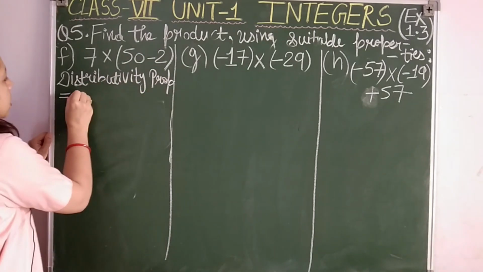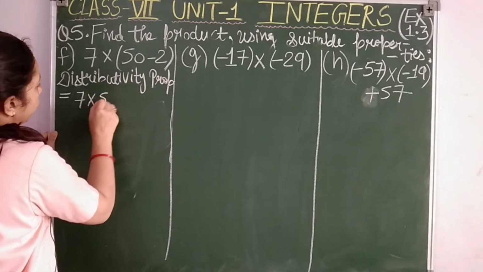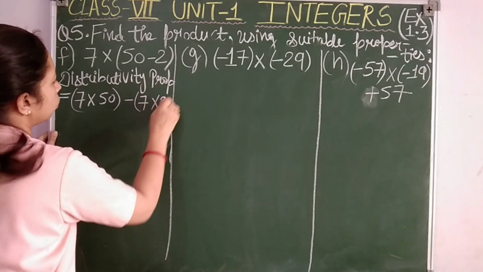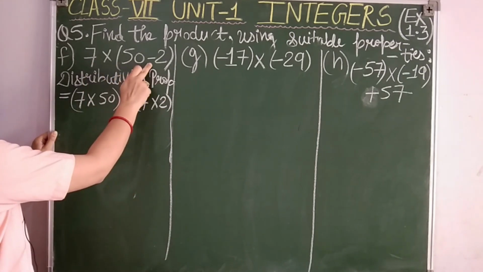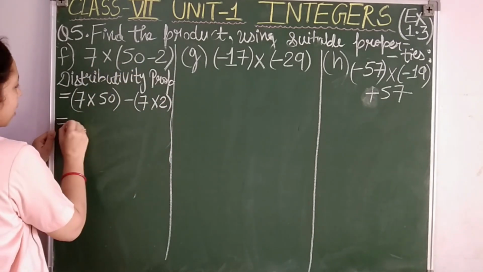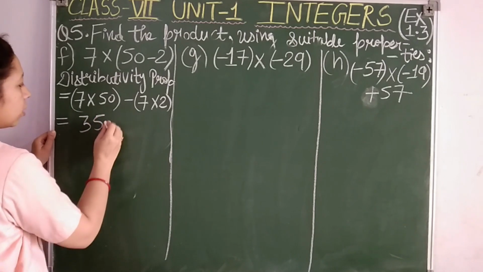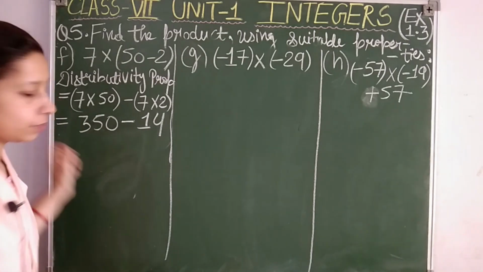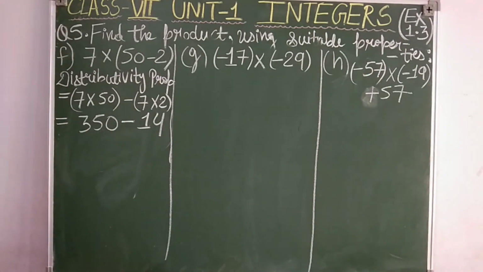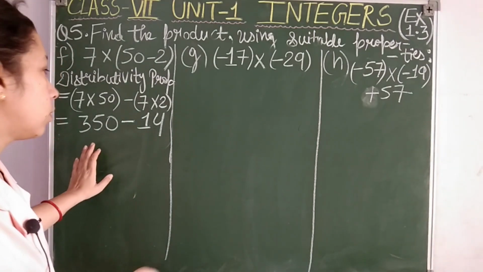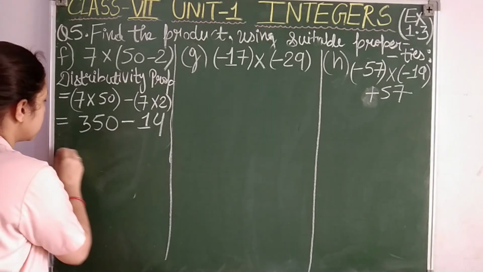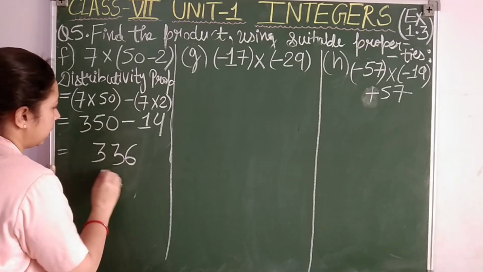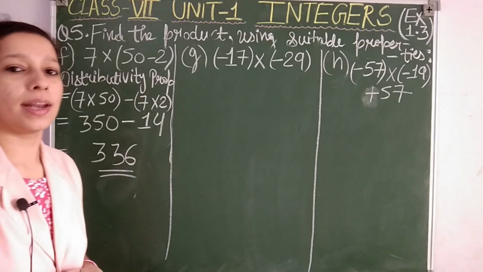So here 7 into 50 minus 7 into 2, A into B students, then minus sign, then A into C. So 7 5s are 35, and in product obviously you will get 0, minus 7 2s are 14 students. 350 minus 14, so 10 minus 4 will get 6, here 4, 4 minus 1, 3 and 3. So our answer is 336.